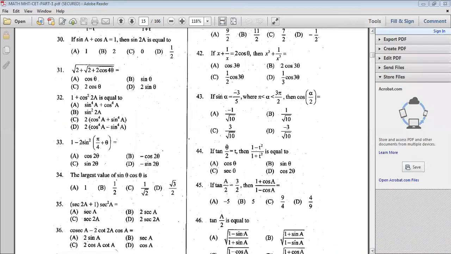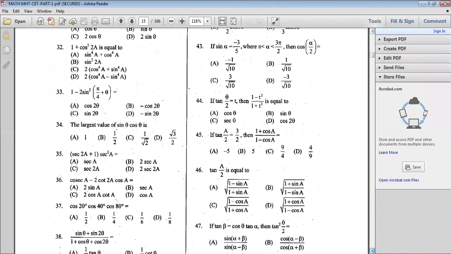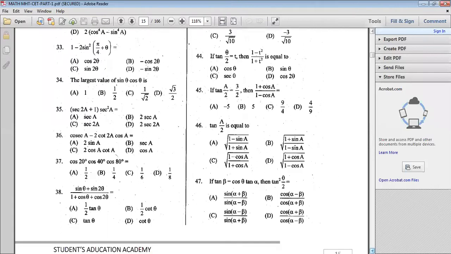35th problem. Let's observe this. Secant 2a plus 1 into secant square a. So we have to do this simplification.